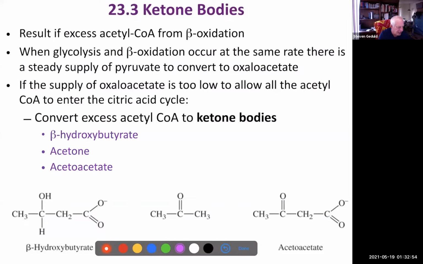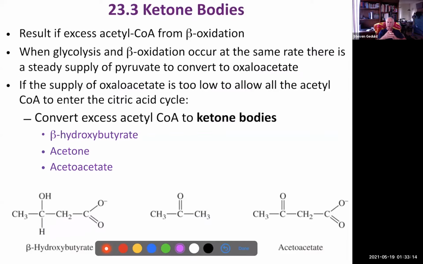Okay. Any questions on that? Everybody understands that completely. What you have to know for the exam is that any fatty acid is going to be broken down into 2-carbon sections.